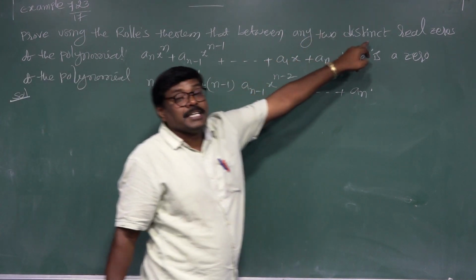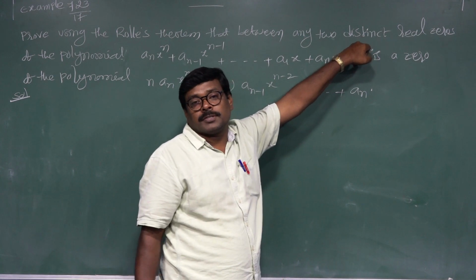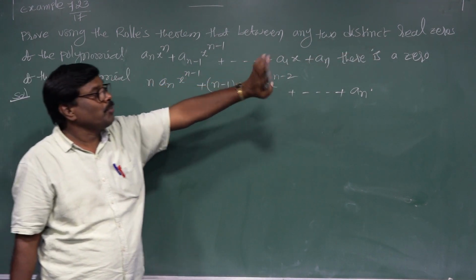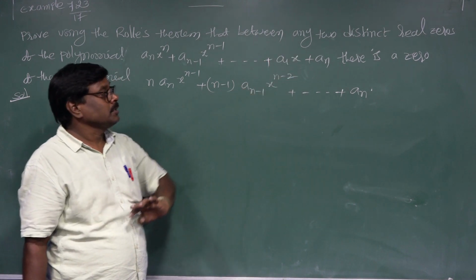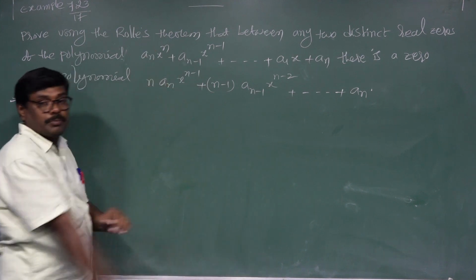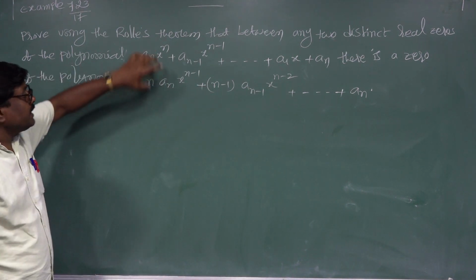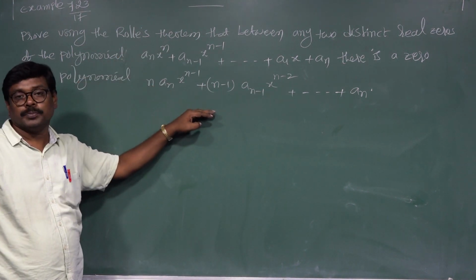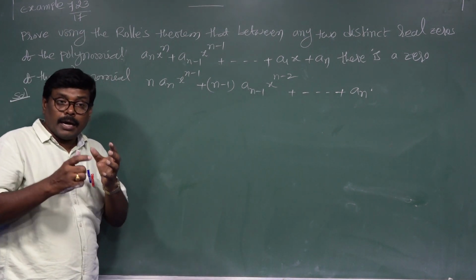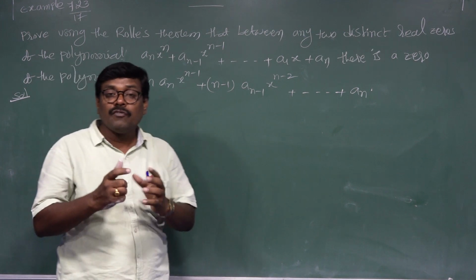Any two distinct real non-zero roots. Let f(x) be a polynomial, and consider its derivative on the interval (alpha, beta).